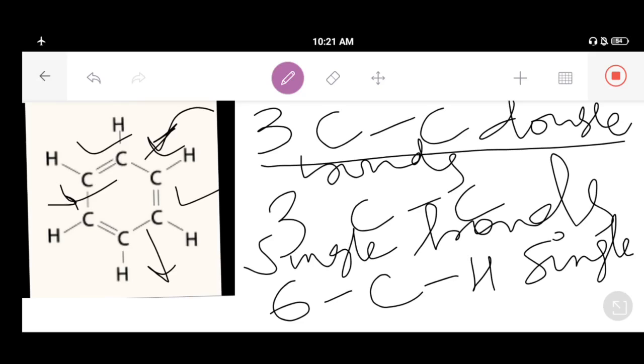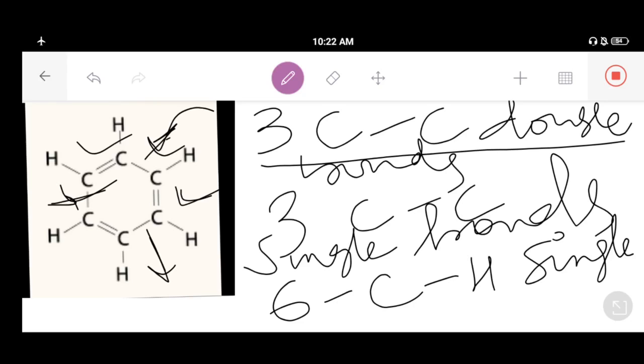So as far as this benzene is concerned, the nitty-gritty, the bottom line of the story right now is that this benzene is an unsaturated cyclic hydrocarbon and it contains 3 carbon double bonds and 3 carbon single bonds, 1, 2 and 3, and 6 carbon hydrogen single bonds.